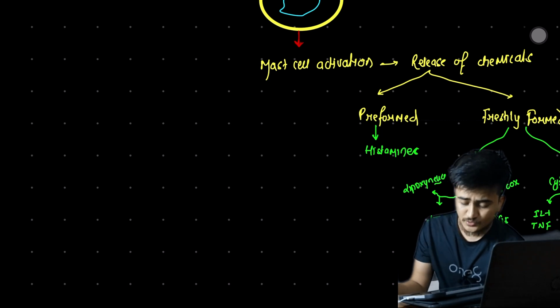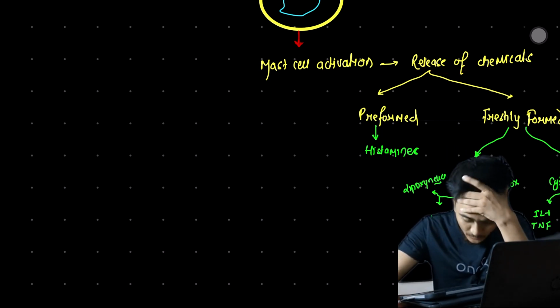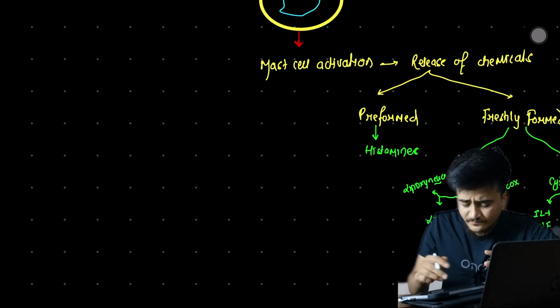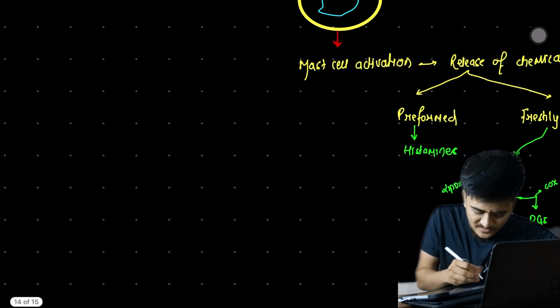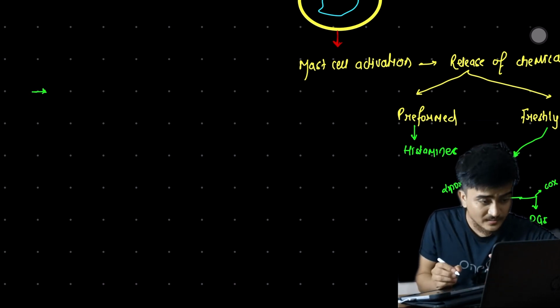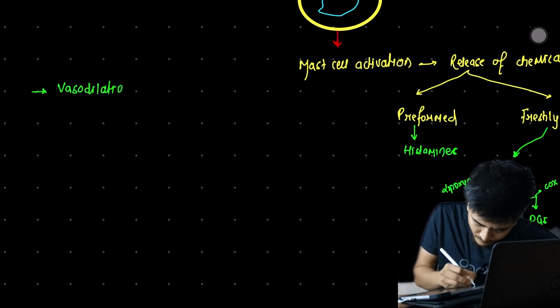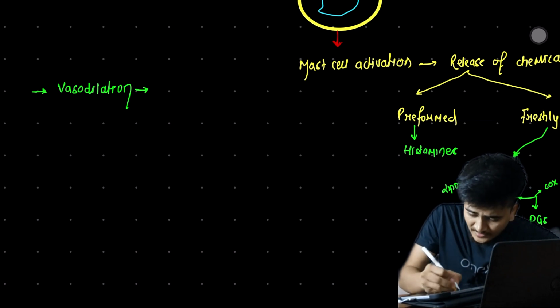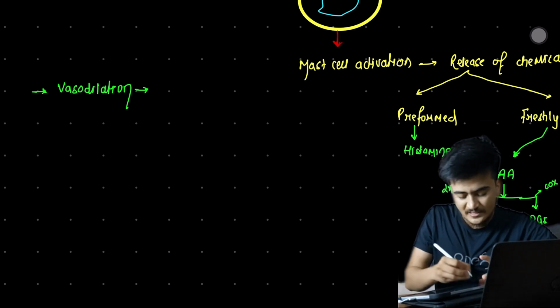what these things do. What are the complications we'll face because of the release of these chemical mediators? Let us list them here. One is vasodilation, and this vasodilation is performed by histamines and prostaglandins.